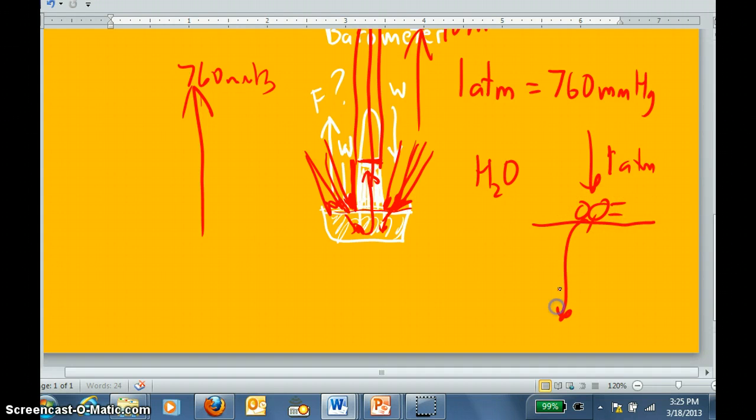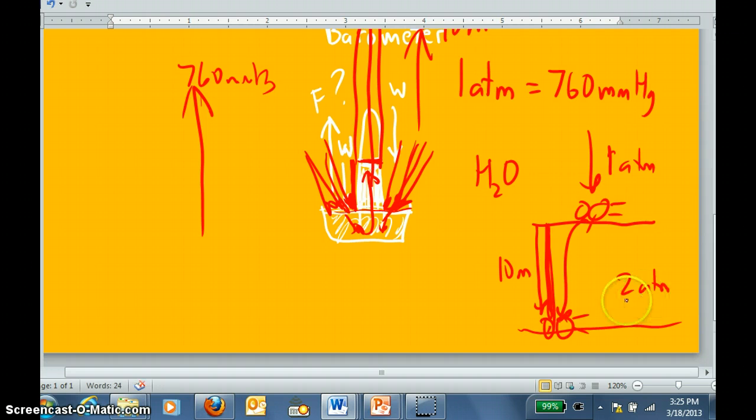But when we dive down into the water, if we dive down approximately 10 meters, we have this whole column of water piled on us now, pushing down with an atmosphere of pressure, and the gas is pushing down on the water with an atmosphere of pressure. So at 30 feet, you're actually at 2 atmospheres of pressure.